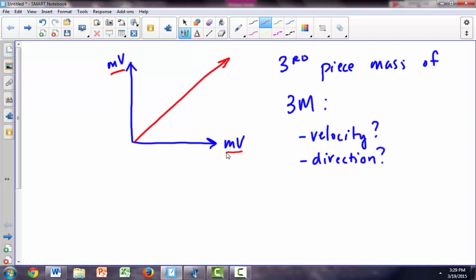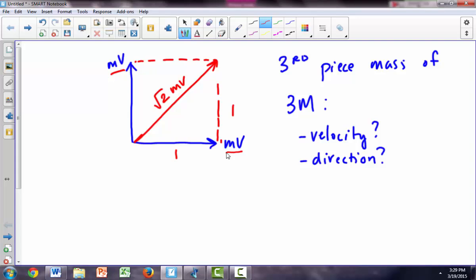And if you think of a 45, 45, 90 triangle, I drew that a little bit too long. So this is going to be square root of 2 mv. Just a 45, 45, 90 triangle. This is 1, 1, square root of 2 times mv. So the magnitude of that hypotenuse is square root of 2 mv.